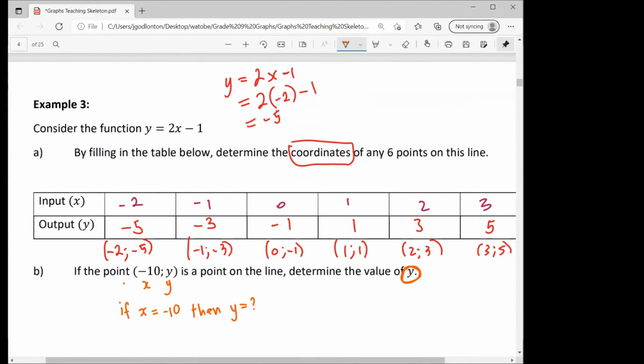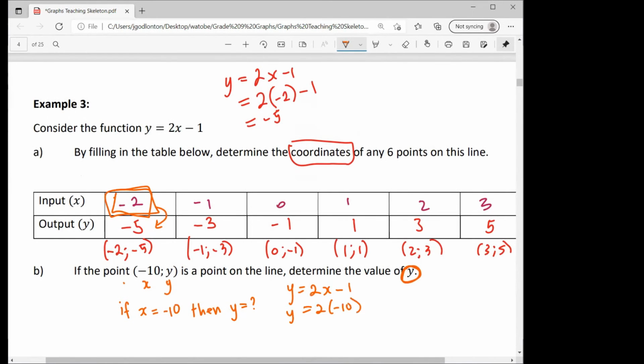When we've been doing tables, that's what we've been looking at. We have an x value and we find a y value. And so all we have to do is put that into our formula. So what is y when x is -10? It would be -20 minus 1, which is -21. And so we would say -10, -21. Well done, Kinsani. That was a beautiful answer.